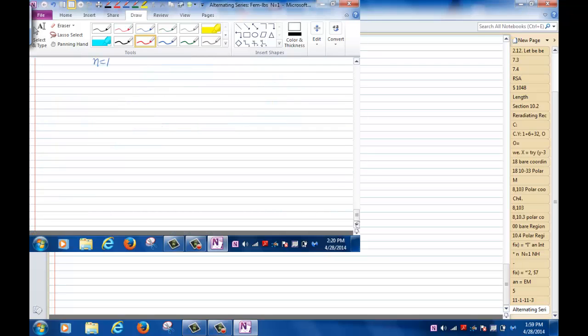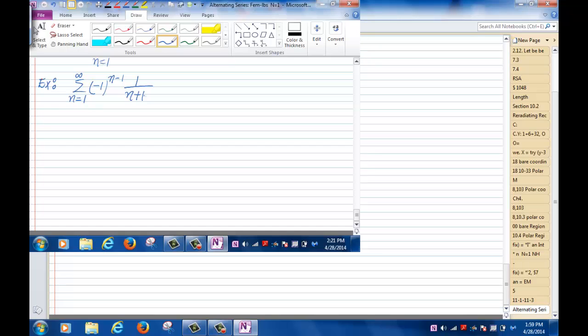Let's do an example to see how these are used. So let's say I have the following series: the sum, n going from 1 to infinity, of negative 1 to the n minus 1, and then 1 over n plus 1.